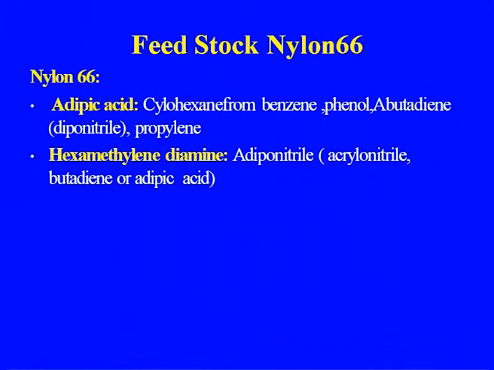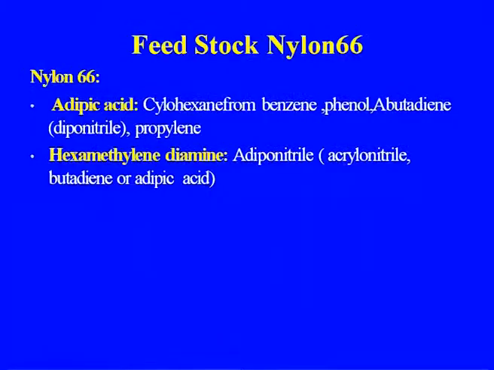Now let us discuss nylon 66. Already I have told you why we are interested in nylon 66, because nylon 66 has a higher melting point than nylon 6, but here we need two important feedstocks, adipic acid and hexamethylenediamine.